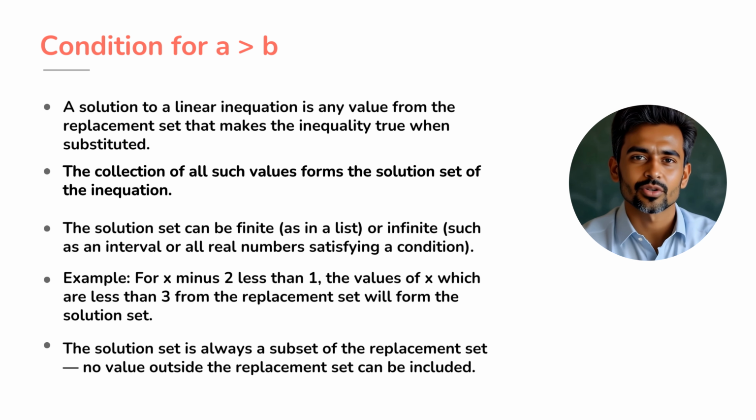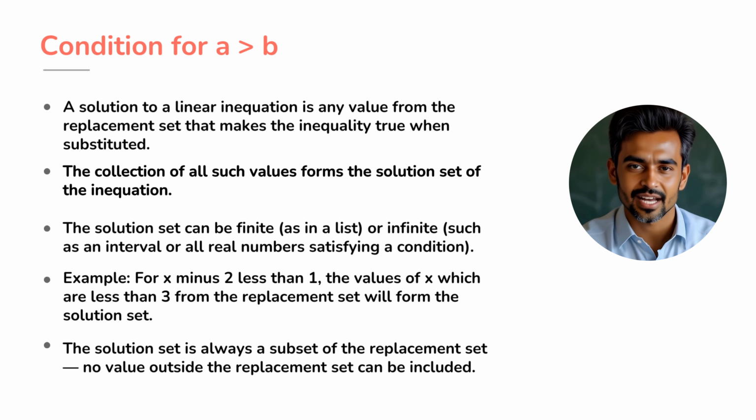Alright, moving on to the opposite idea, when A is greater than B. This is written using the greater than symbol, angle bracket opening to the right. This time, we say A minus B is positive. Try this. 7 is greater than 2 because 7 minus 2 equals 5, which is positive. What about negatives? Let's test negative 2 and negative 5.